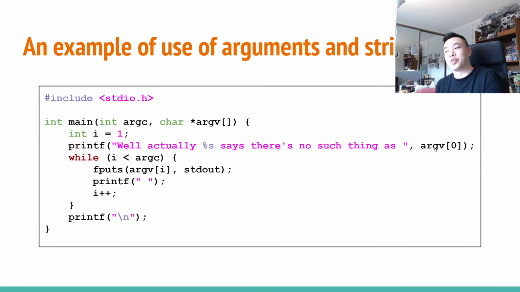So for this program to run, it will always have argv[0], if it has argv at all. So it's saying the name of the program says there's no such thing as, and then it loops through the rest of the arguments up until less than argc, because argc is the number of them, and it goes through those strings and prints out all the strings that were typed in as the input.